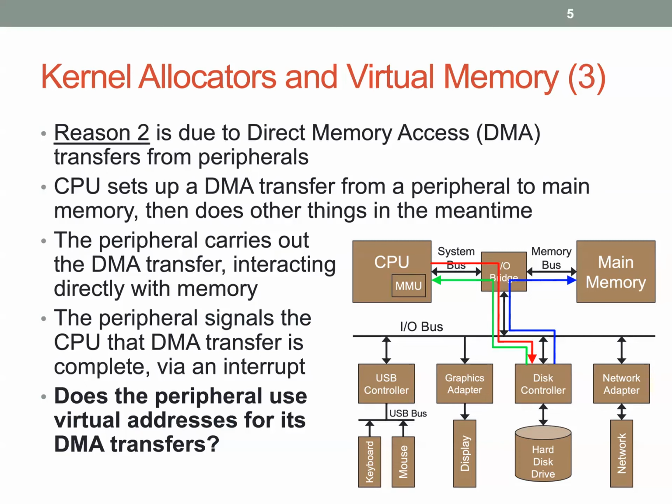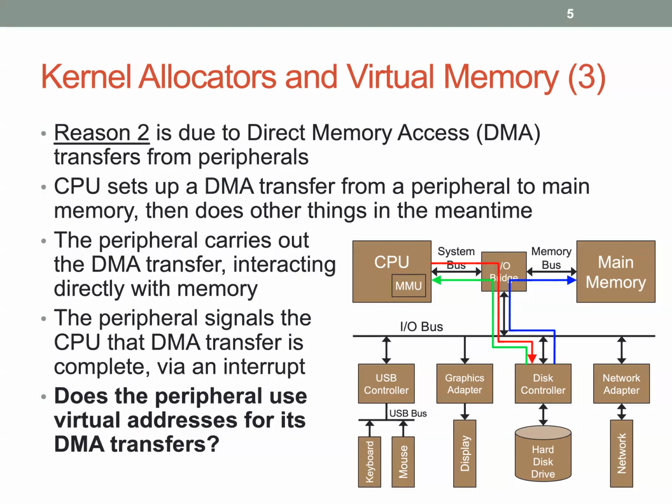So since these peripherals use physical addresses to interact with memory, they have different constraints on what memory address ranges they can write to than the CPU does, than the kernel does, than the programs do. And so the kernel needs to take this into account to make sure that it configures memory utilization in a manner that works well for the peripherals.